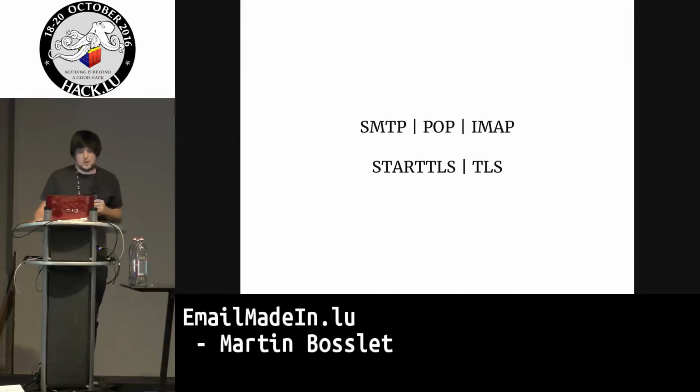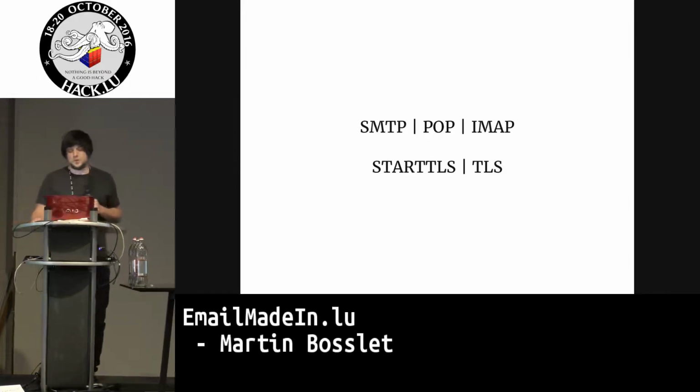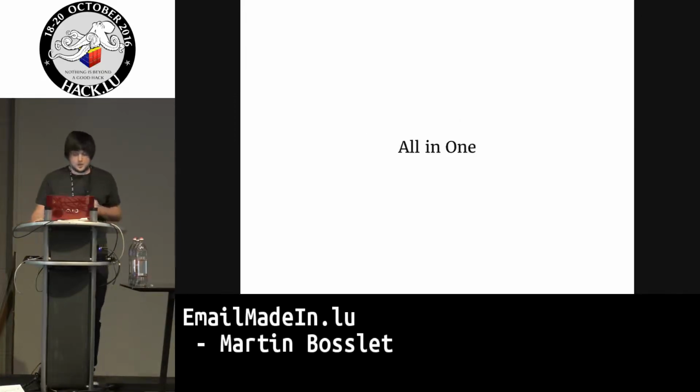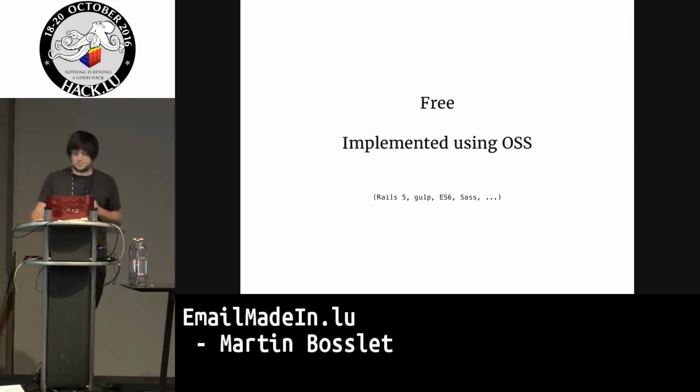And this tool should be able to talk all email relevant protocols. So for sending SMTP, for receiving POP and IMAP. And it should allow us to deal with either STARTTLS, so when you're upgrading an unencrypted connection, or if the services are encrypted by default, this should all work out of the box. So to summarize, we want an all-in-one comfort tool for analyzing email security.